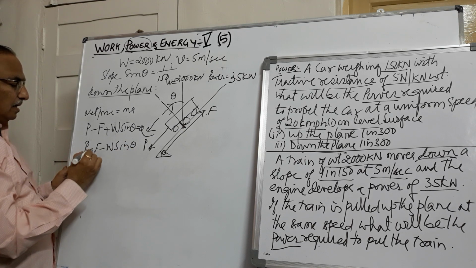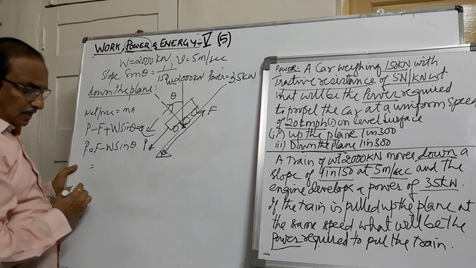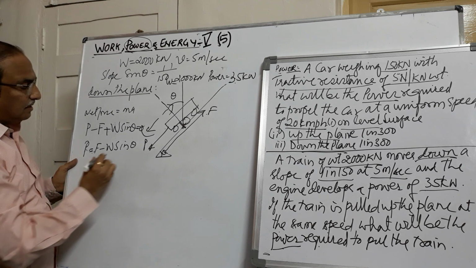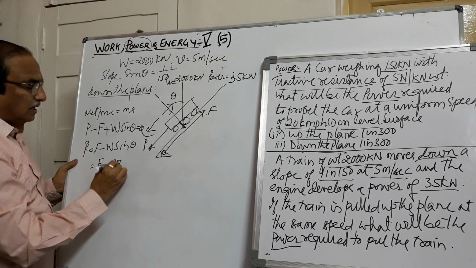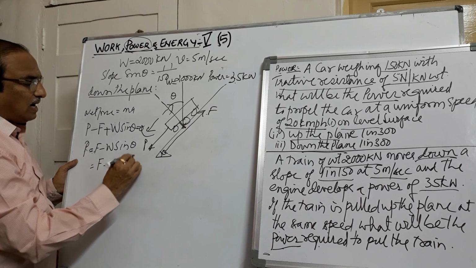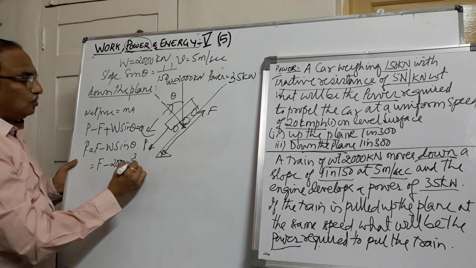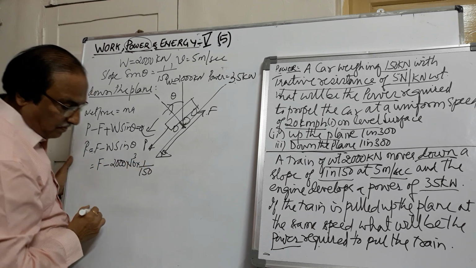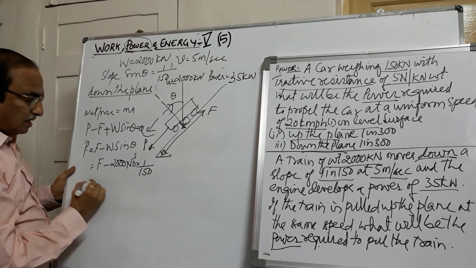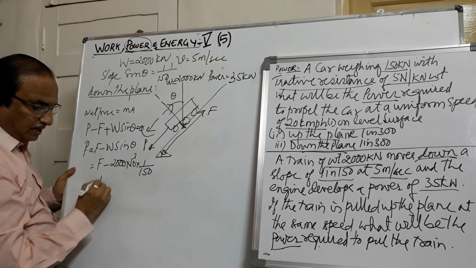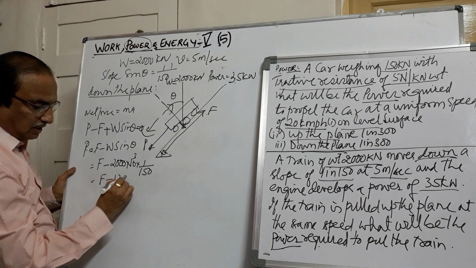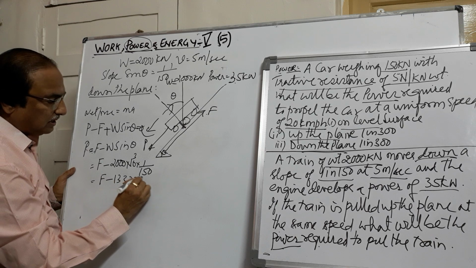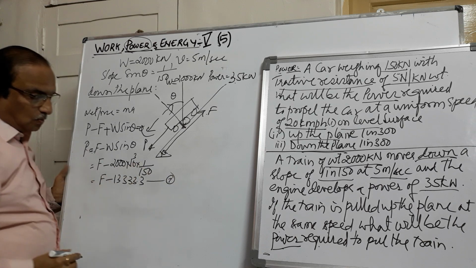So here P will be equal to F, which is unknown to us, minus W sine theta, where W is 2000 kilonewton, convert it into newtons, into sine theta is 1 by 150. So here we get P equal to F minus 1333.3. Let us call this equation 1.